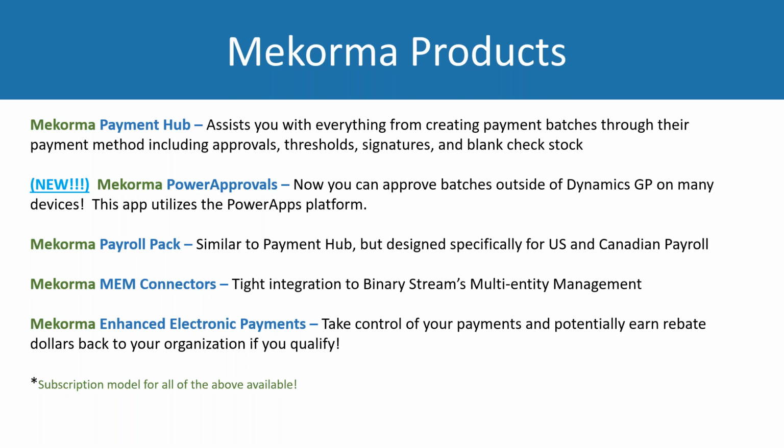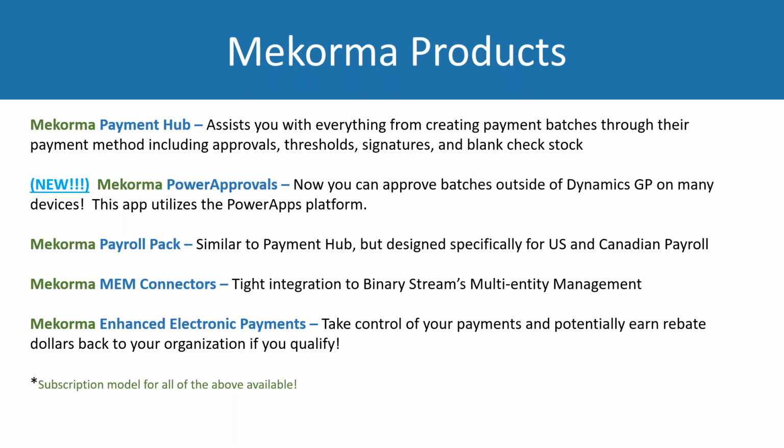So what we've done is we've added some new and exciting things here at McCorma. I wanted to make sure that you are familiar with all of the tools and programs that we have to offer. With the new Power Approvals, which you see here, you'll have the ability to approve or reject any of your batches outside of GP right from your mobile device.